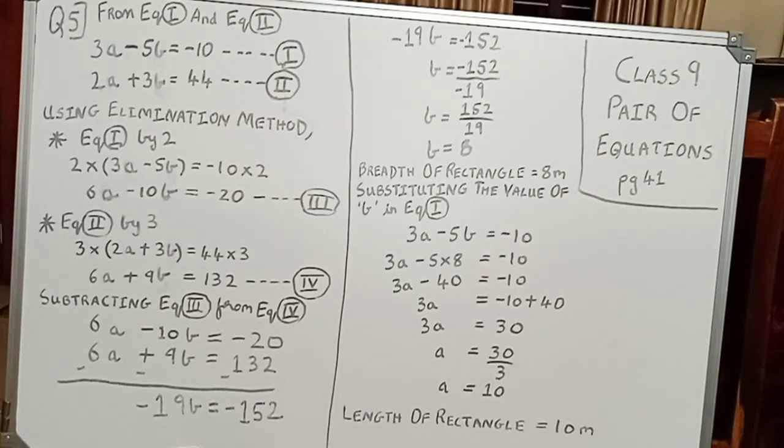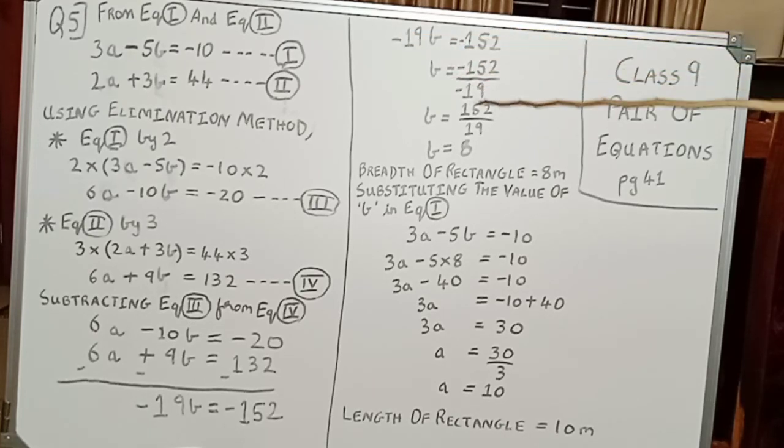Now you can see minus 19b is equal to minus 152. We had seen over here, you got it from here. So minus 19b equal to minus 152. So this minus 19 into b is multiplication, and when it goes to the opposite side, it will become division. So b is equal to minus 152 divided by minus 19.